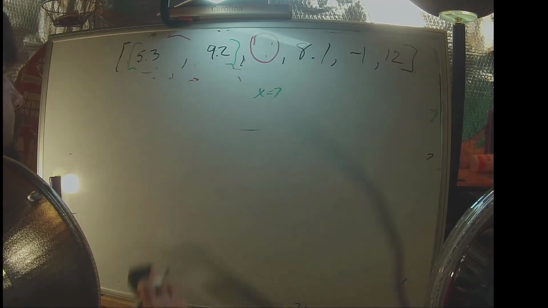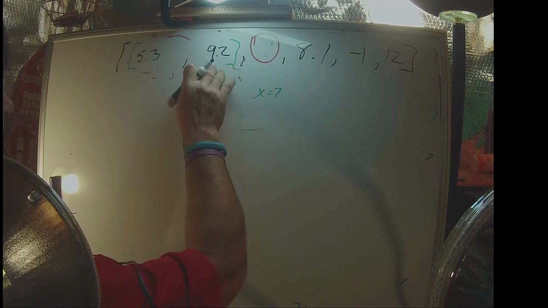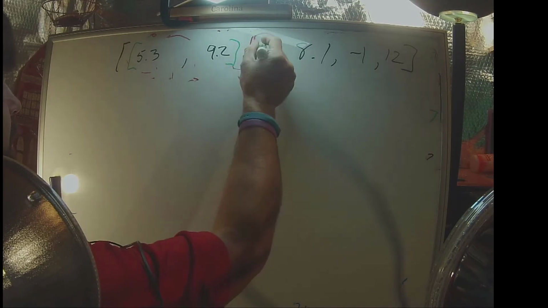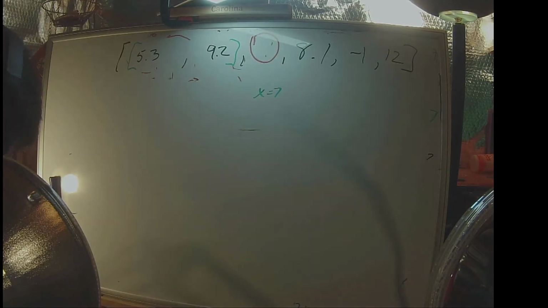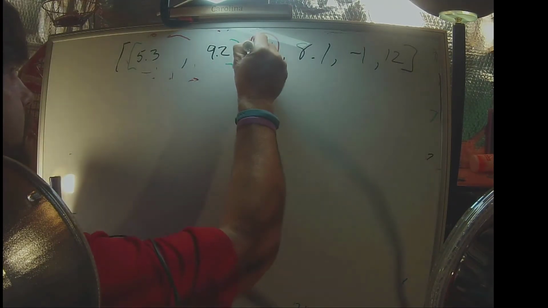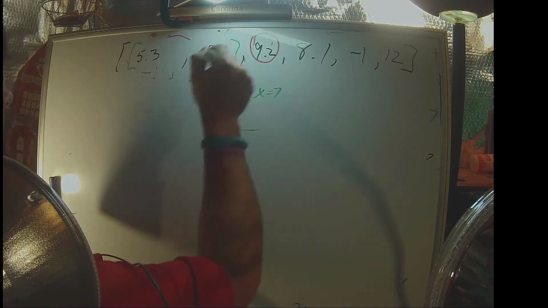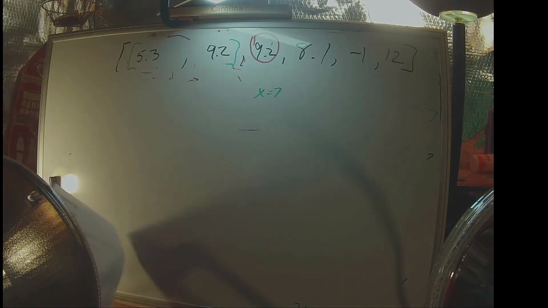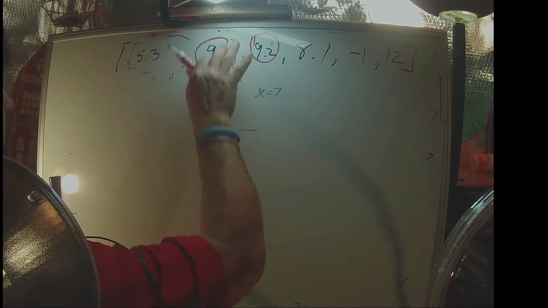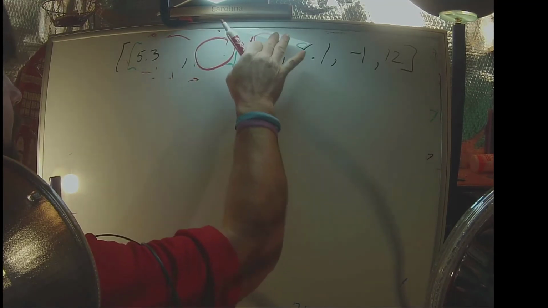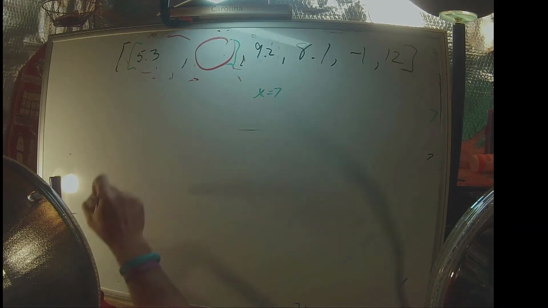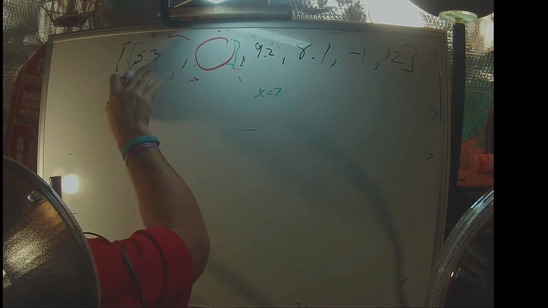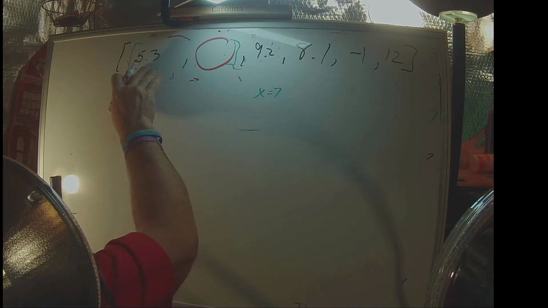And now we look, and we say, is 7 less than 9.2? If it is, we move 9.2 into the hole. So 9.2 goes to here. Our hole moves down to here. x is still equal to 7. We look at 1 down from the hole.